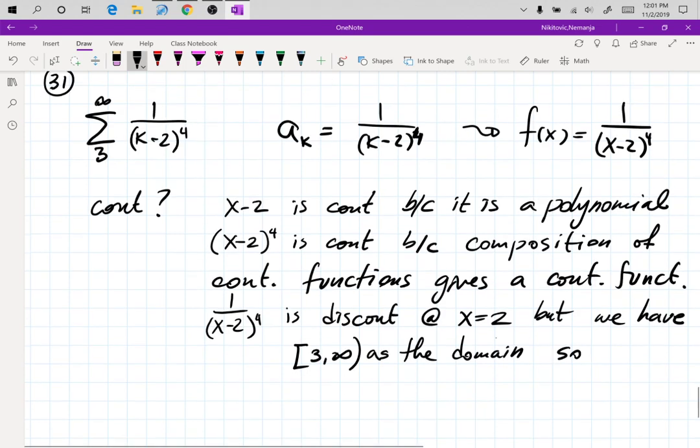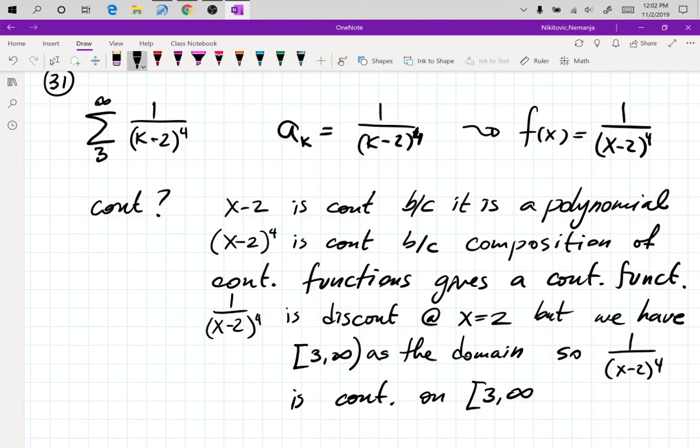So 1 over x minus 2 to the 4th is continuous on 3 to infinity.